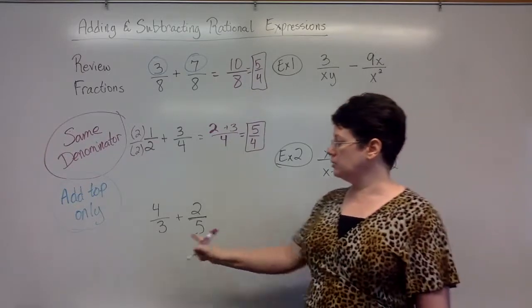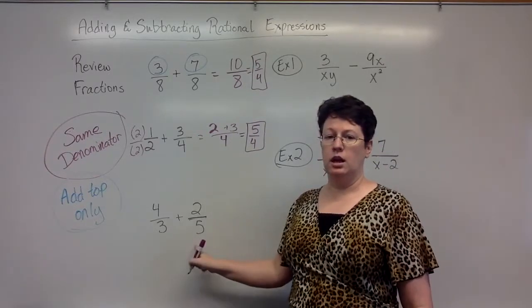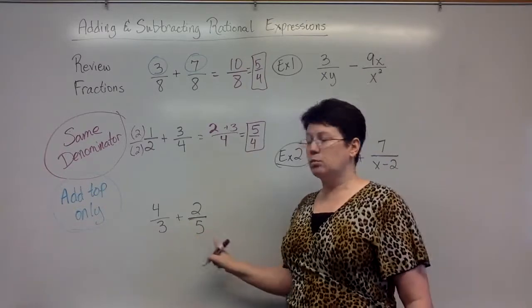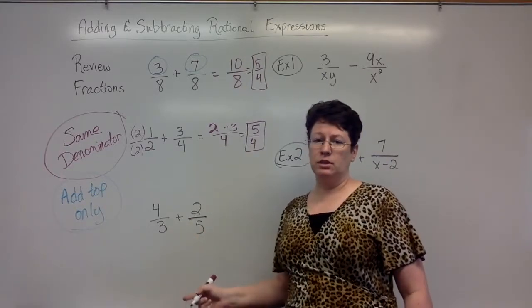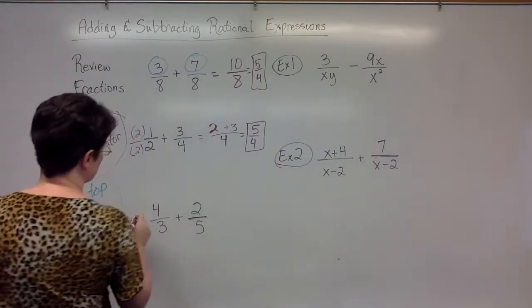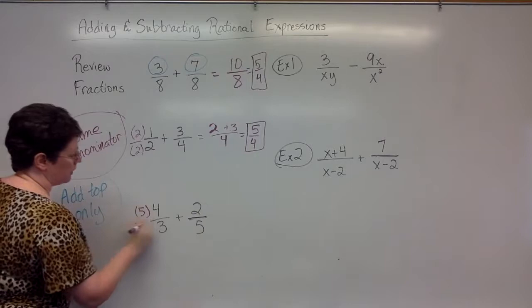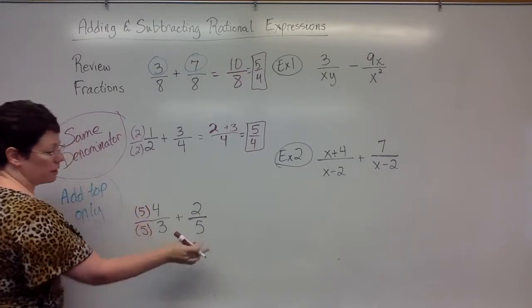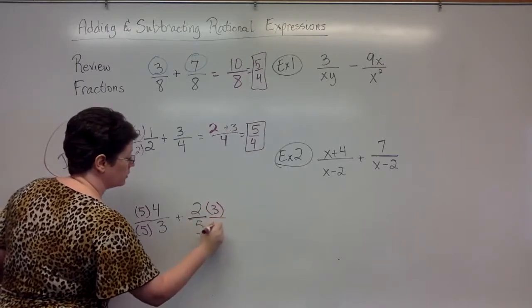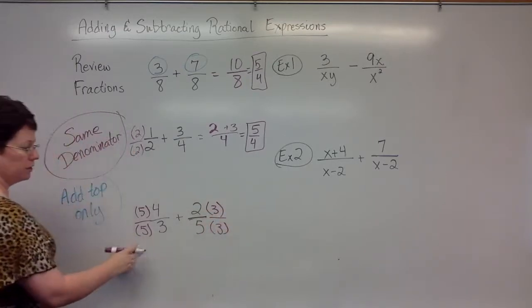On the bottom, the denominators are 3 and 5. There's nothing that I can multiply one of them by to get the other one. So this is very similar to what most people like to refer to as cross multiplication. I'm going to multiply the first fraction by the denominator of the second, and multiply the second fraction by the denominator of the first.